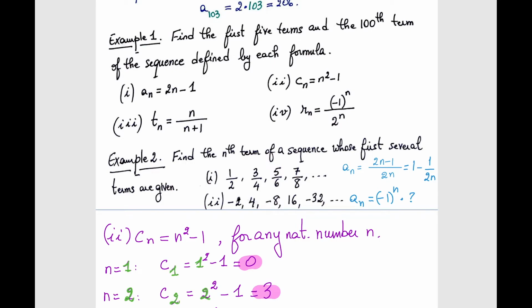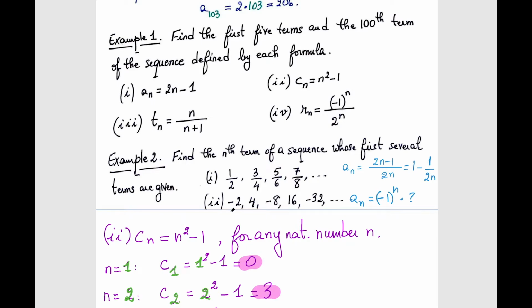So when the rank is odd, as you see here, minus 2, minus 8, minus 32 have odd ranks. This is the first term, third, fifth. They have a negative sign, so that can be represented by this. And now the even ranked ones, the second, the fourth, they have positive signs. So if n is even, that guy is going to be positive 1.